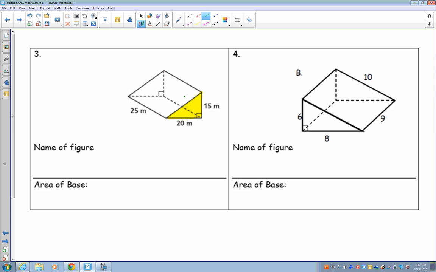You're going to need to find this side here. Since our base is a right triangle, and we have the 20 and the 15, we're still doing base times height divided by 2. So 20 times 15 divided by 2. So we get 1,500 meters squared.